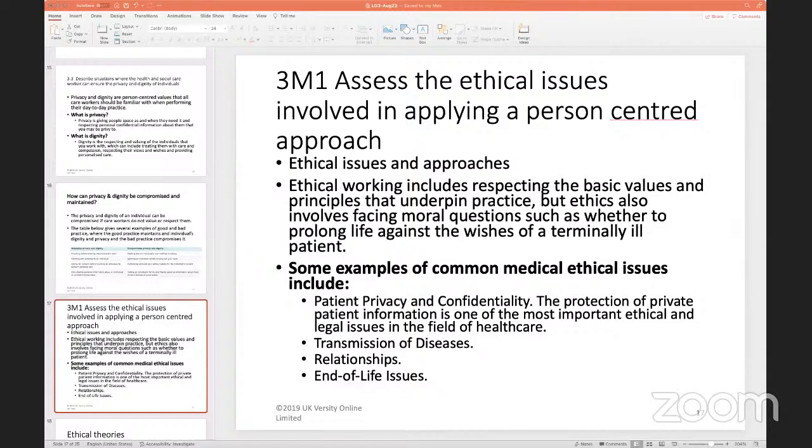So, I don't know how many of you know, but when we talk about ethical issues, we're talking about circumstances in which you could have a conflicting situation which could arise because you are going to, say, for example, do certain things or prescribe certain things which have been done as per the policy and procedure in a care home.